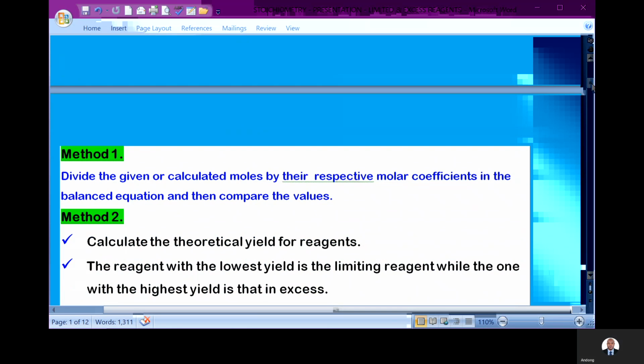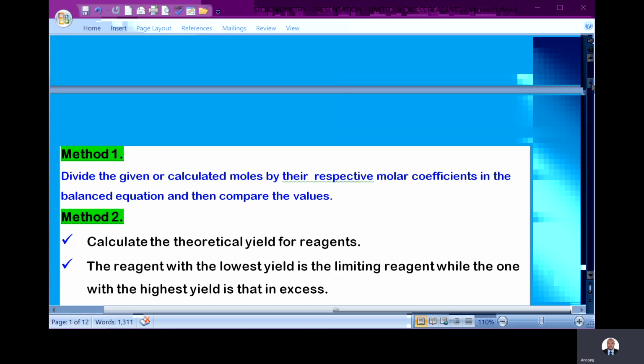Given the reaction and their reacting masses, the first method is that you have to calculate the moles. You have to convert the given masses of the reactants into their various moles.